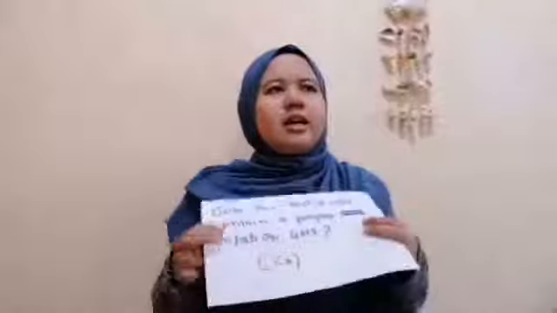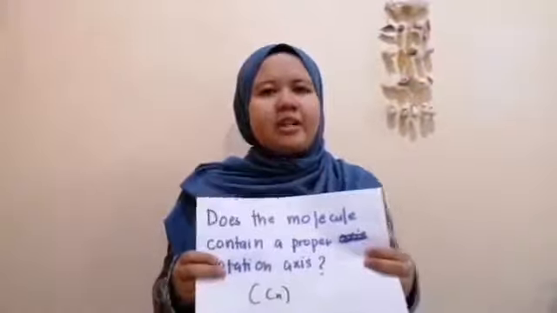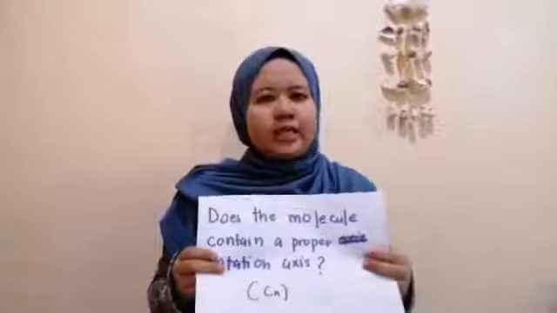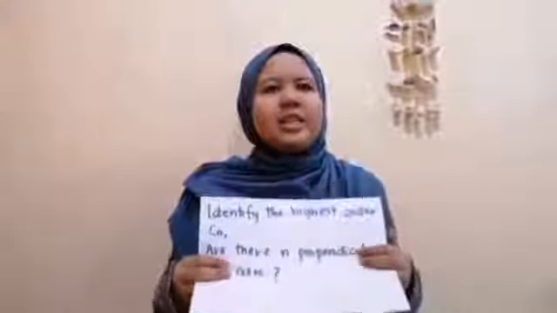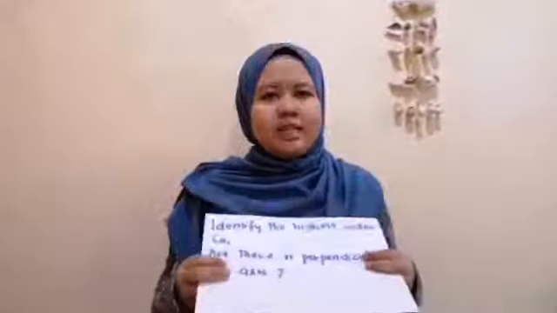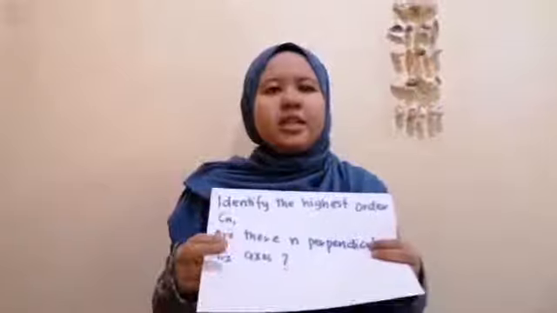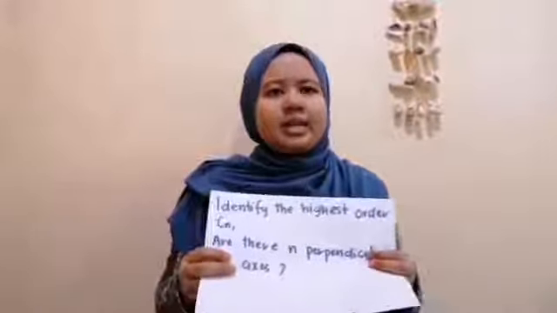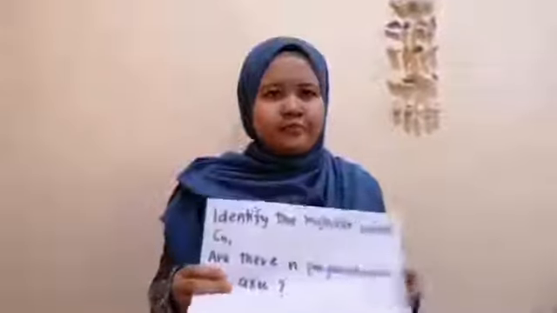Next, does the molecule contain a proper rotation axis? And yes, BrF5 has C2 rotation and C4 rotation. Next, we need to identify the highest order of rotation. For our molecule, C4 is the highest order rotation, and we need to identify whether C4 is perpendicular to the C2. And yes, our molecule has a perpendicular C2 rotation.